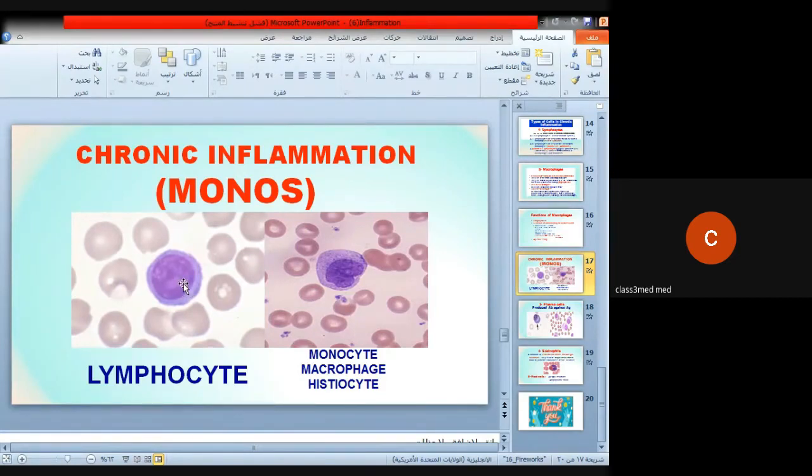On the slide we do not see the cytoplasm, only the nucleus. Hyperchromatic means dark stain. While the macrophage nucleus is irregular, kidney shape or bean shape, with abundant cytoplasm containing phagocytosed particles. So we call it monocyte in blood and, in tissue, histiocyte or macrophage. That's it.